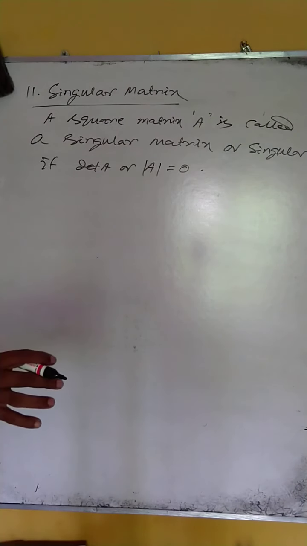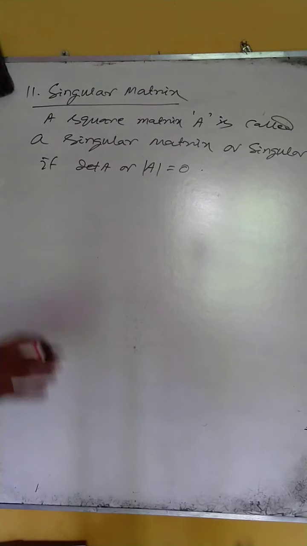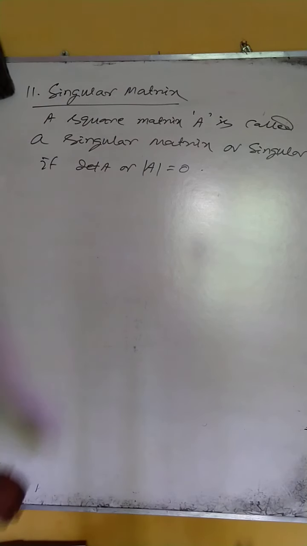If the determinant of a square matrix is equal to 0, then it is called a singular matrix.